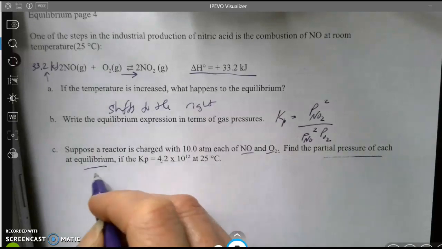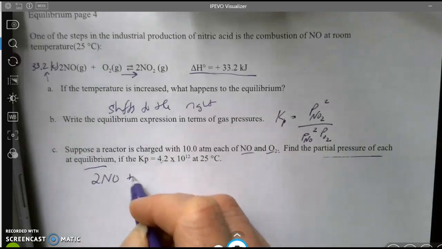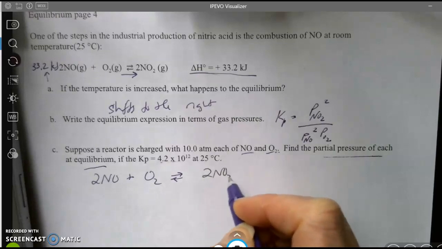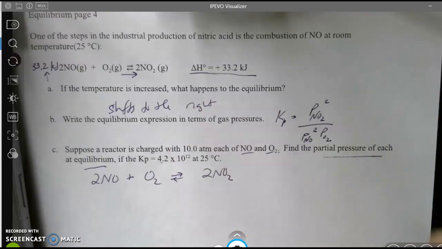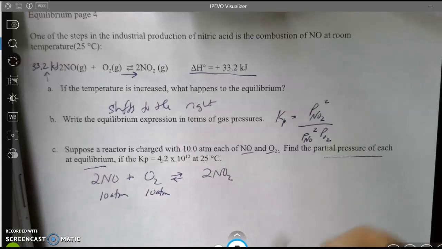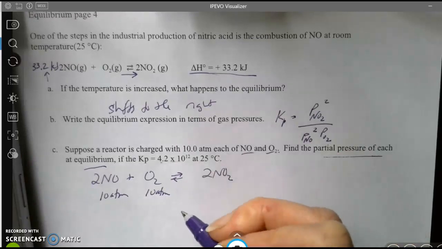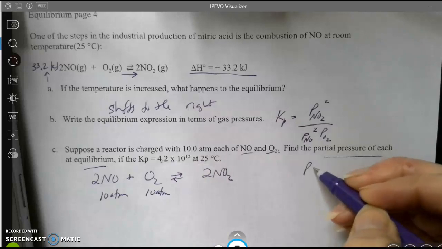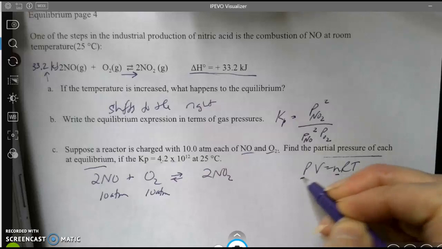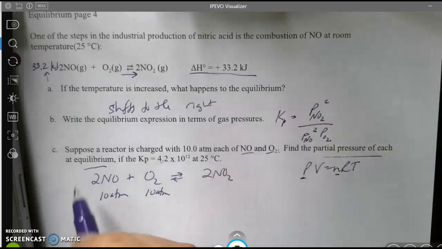So I'm just going to copy that equation down so I can put in my information. We're going to start with the 10 atm. Because pressure is proportional to the moles in our PV equals nRT, these are going to be proportional. I'm going to do the reaction first.